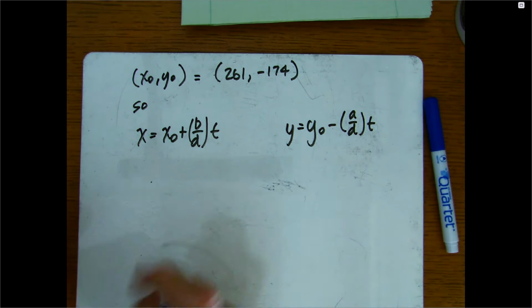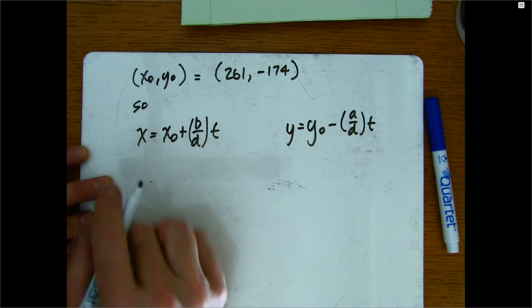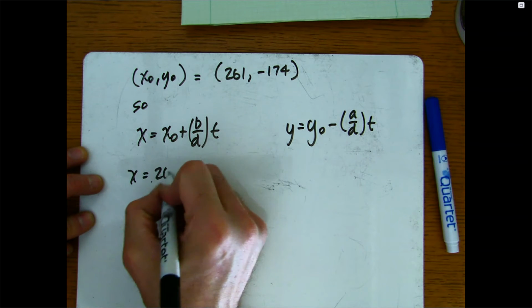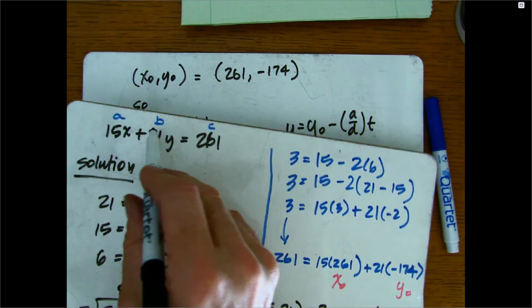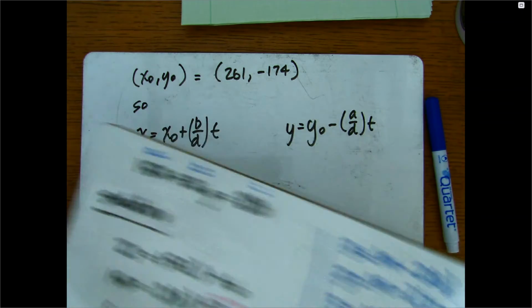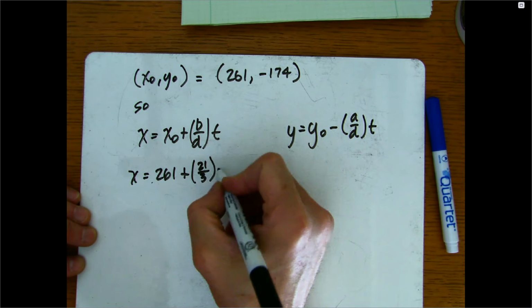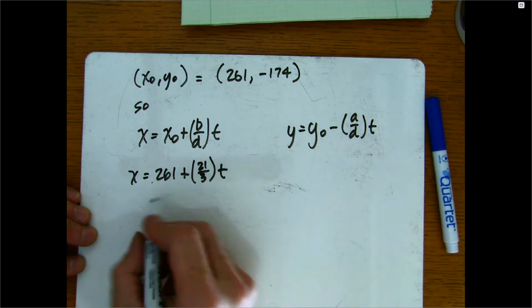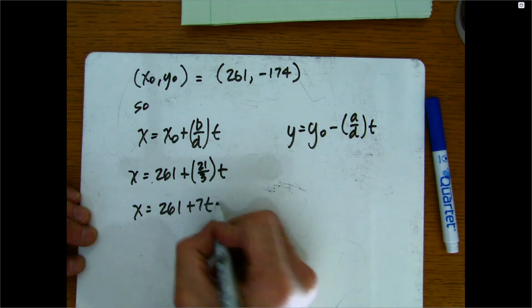And so x is going to be equal to x naught, 261, plus b over d. So b is 21 and d is 3, so 21 over 3 t, which simplifies to 261 plus 7t, okay?